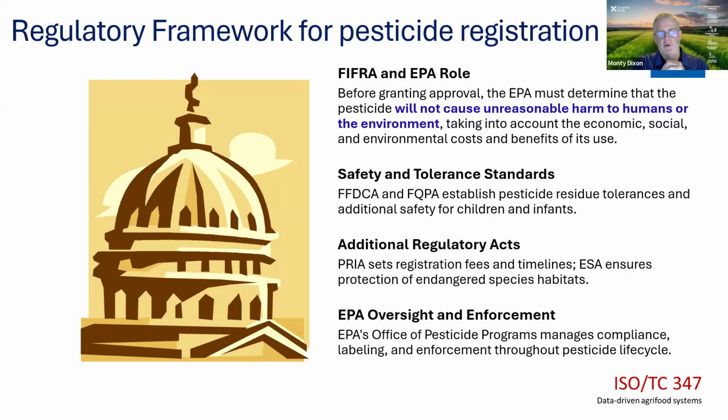There are also other additional regulatory acts, such as the Endangered Species Act. And through all of this, the EPA maintains oversight, not only for the initial approval of a product, but also through the ongoing maintenance, through the changes to the product while it's still on the market. And even after a product leaves the market, there are still regulatory requirements about the data that supported that use.